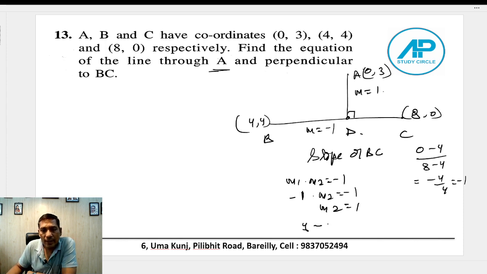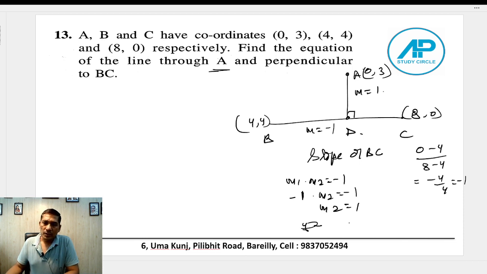So we have got the slope of the perpendicular from point A on BC. I don't need the coordinates of point D here because I already have a provision to find the slope of line AD, since line AD and line BC are perpendicular to each other.